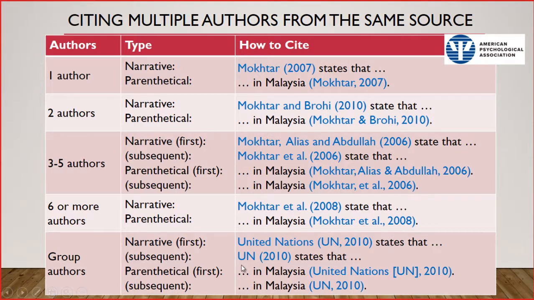If you use parenthetical, this is how you do it. This is the format, and so on. So this is in general how to cite using APA. You see, there are things that you need to learn. This is a learning process.